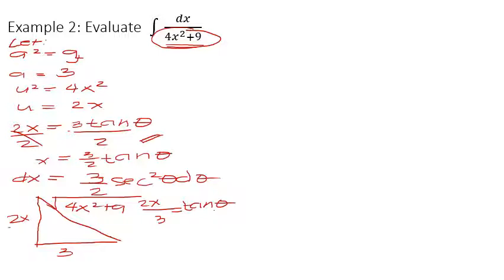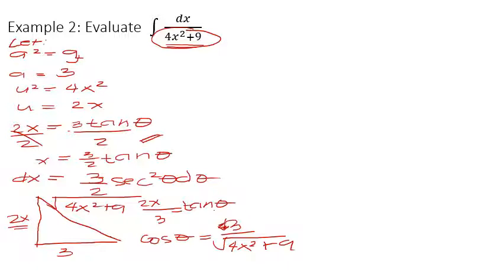But we don't have a value for x. So, we have cosine theta is equal to 3 over square root of 4x squared plus 9, right?